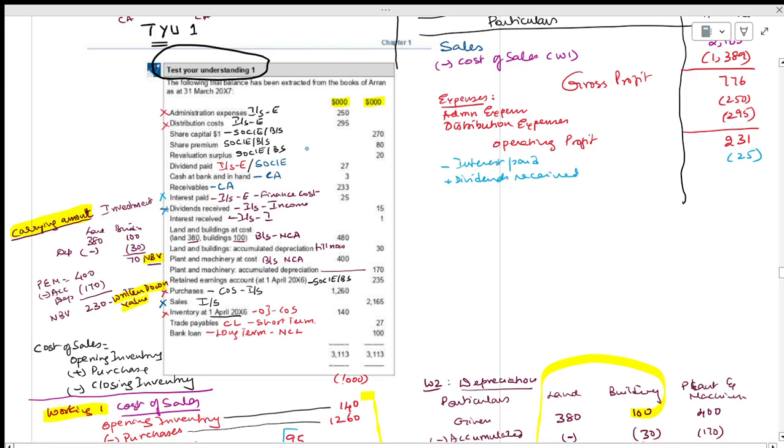How much? 15. Next, interest received. We have received some interest also. Put one cross mark. How much interest have we received? 1. Okay, we have received 1. Anything else?